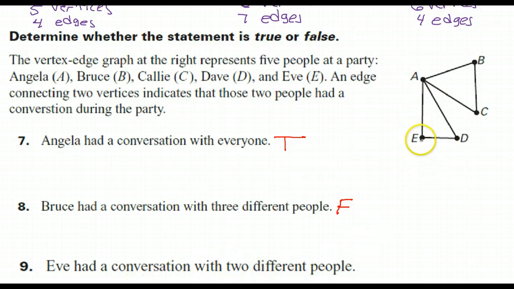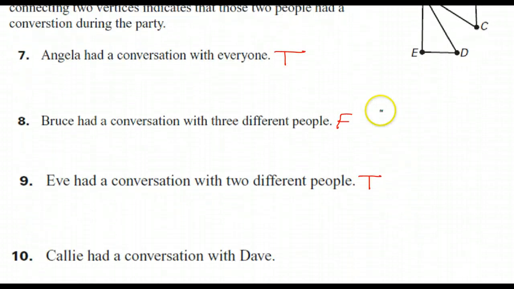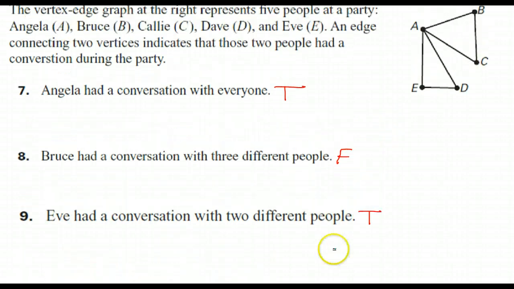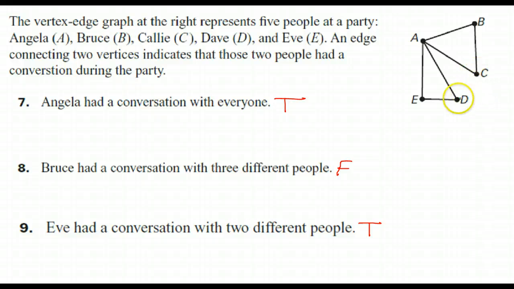Alright, Eve had a conversation with Dave and Angela. So that is true. Callie had a conversation with Dave. Nope, Callie did not have a conversation with Dave. If she did, there would be a connection right there. So that is false.